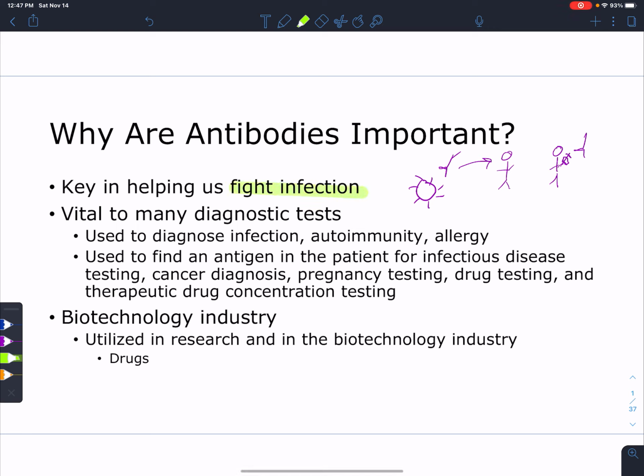It's important. Well, what else are they important for? Diagnostic tests. We are using these antibodies, specific ones, for a lot of our testing. We'd be lost with our immunological tests if we didn't have these antibodies. We use them to diagnose the infection. So we look to see if the patient has the antibody.